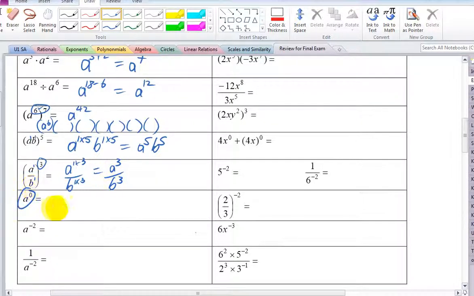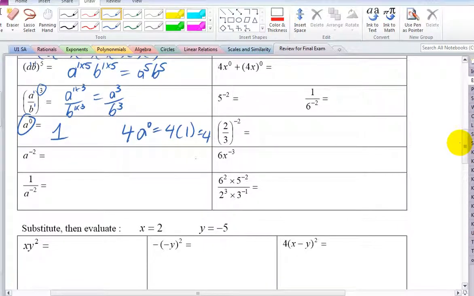Then we looked at exponent 0, that equals 1, but you got to be careful, right, because 4 times a0 equals 4 times 1 equals 4. So be careful what the 0 is applied to. When we have negative exponents, this is the new thing that we introduced this year. Okay, 1 over a squared. It becomes positive. Now you have to be careful if we have something like negative 4 to the exponent negative 3, that equals 1 over negative 4 to the positive 3.